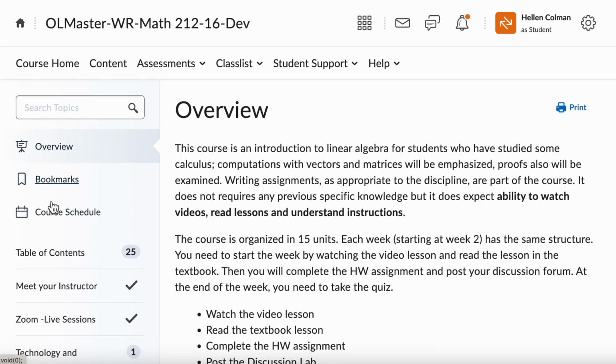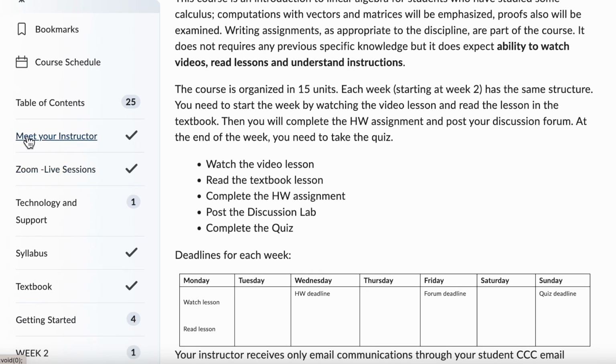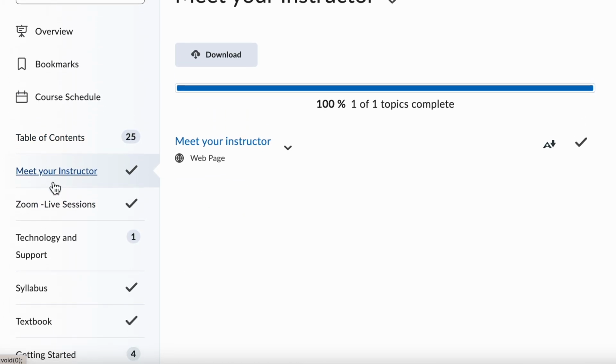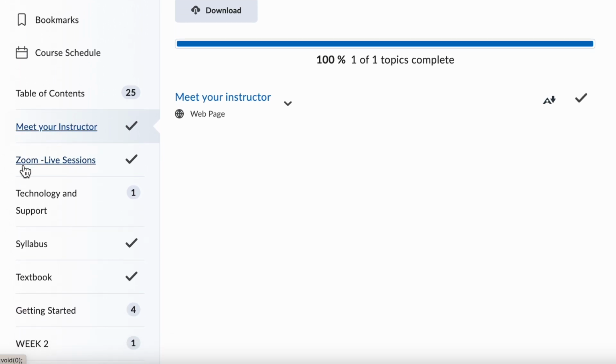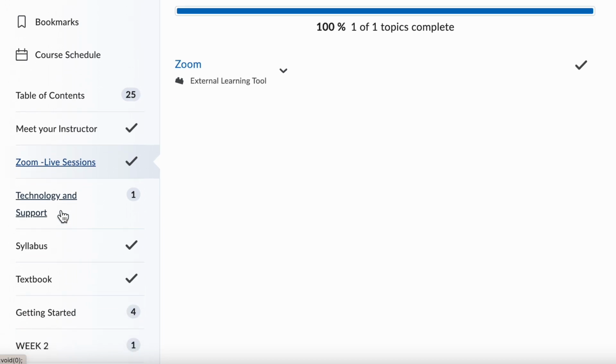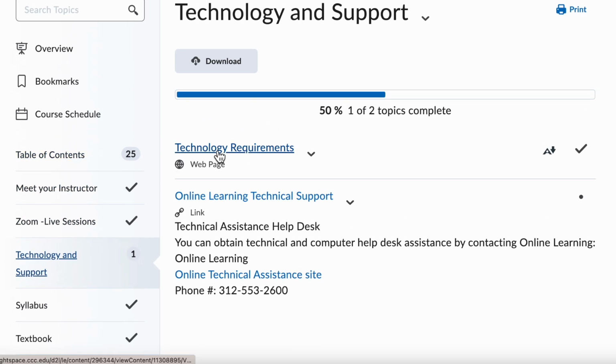Okay, so continue the navigation bar in the left here. You have here a place where you can see the details about your instructor. Here, the links to the Zoom meetings that you may have. The technology page explains what you need and where you can call if you have a problem.